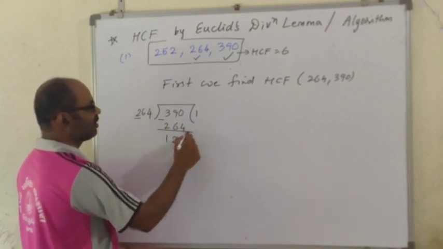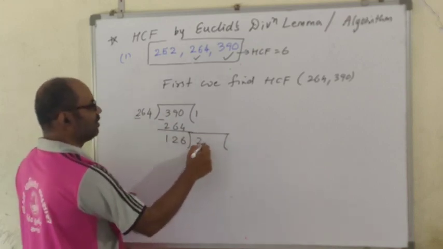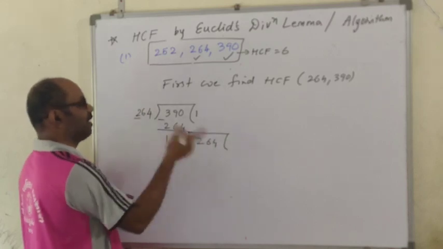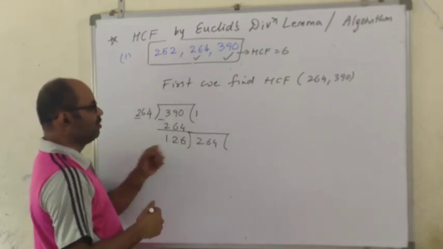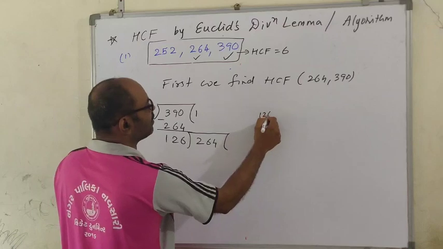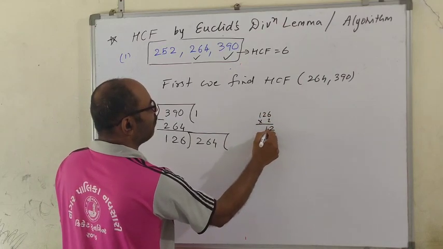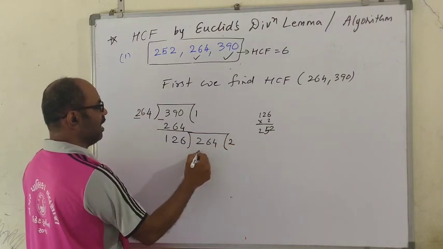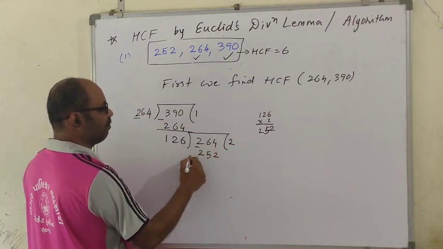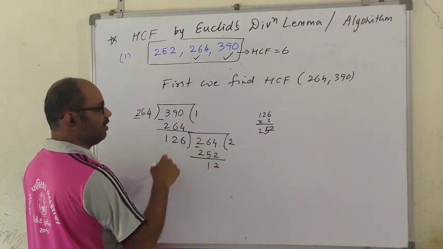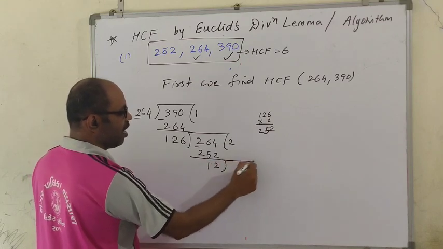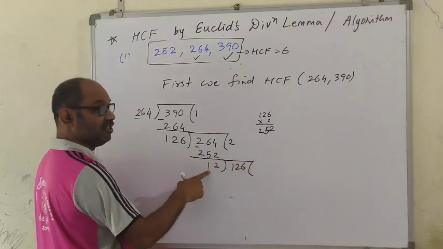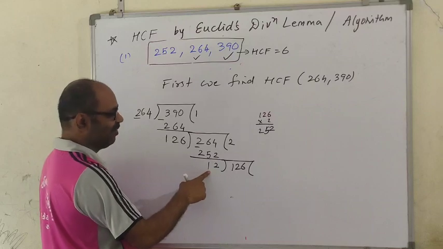Correct? Now this becomes the divisor and 264, the earlier divisor, becomes the dividend. 1 2s are 2. 26 2s are 12, 5 and 2. Yeah, divisible. 2s are 252. Subtract 2, 1 and this is 0. I am not writing. Now division continues because you didn't get the remainder 0.